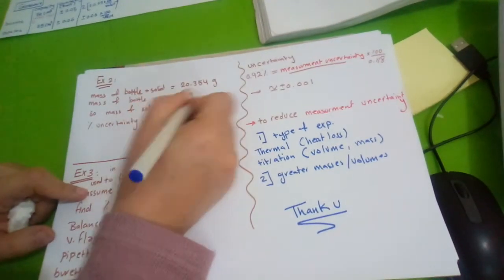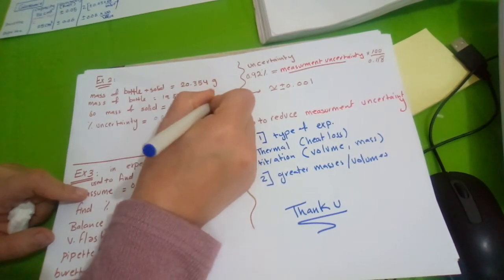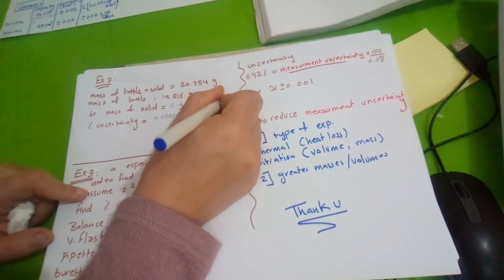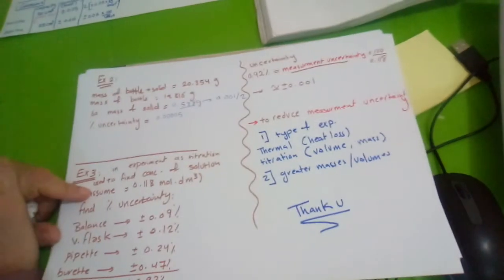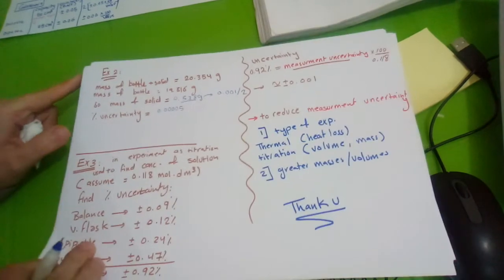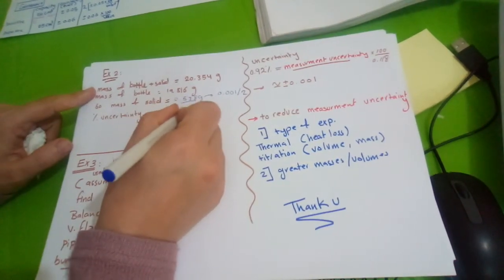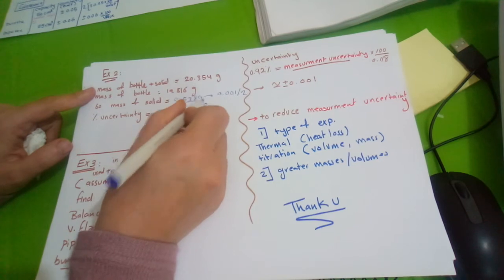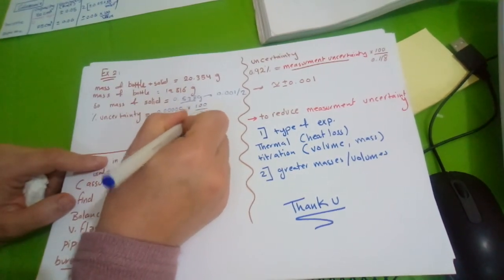Because the smallest digit is 0.001, and we divide it by 2 in order to calculate the measurement uncertainty. This value I will multiply by 100 over my recorded value.